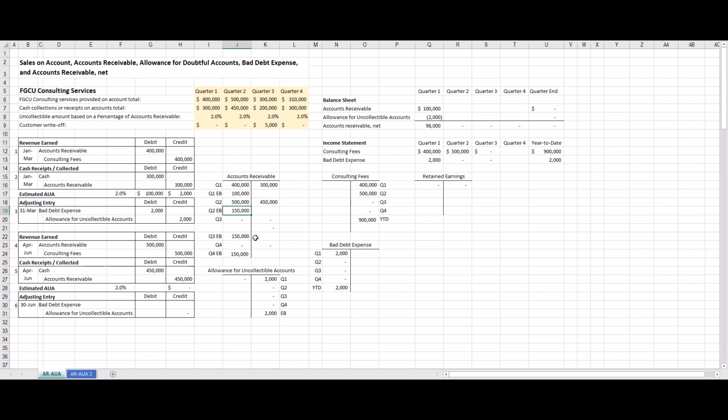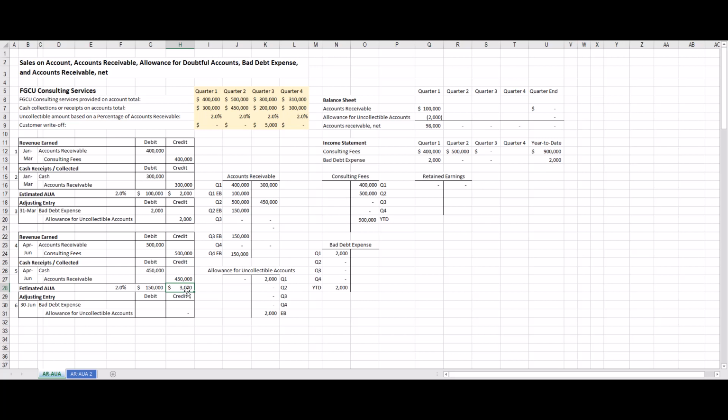Again, the estimated uncollectible amount is 2% times the balance in accounts receivable, which is currently $150,000. 2% times $150,000 is $3,000. So we need a balance in the allowance for uncollectible accounts of $3,000 at this time.